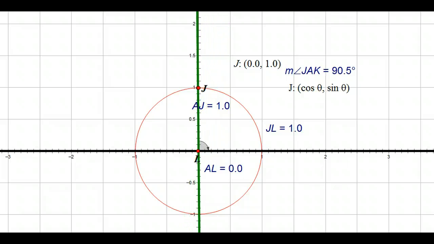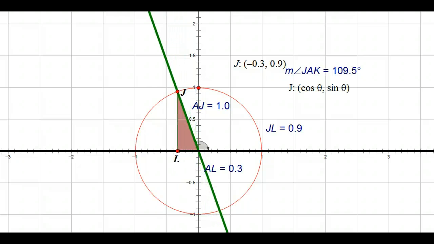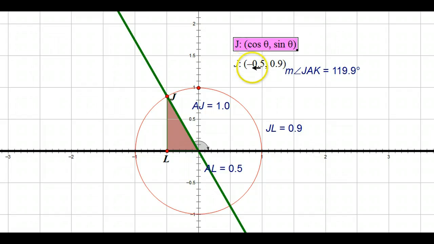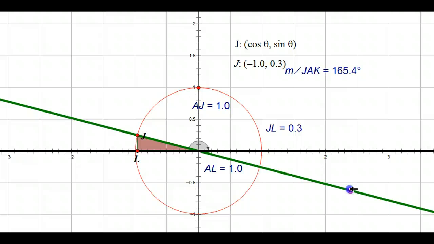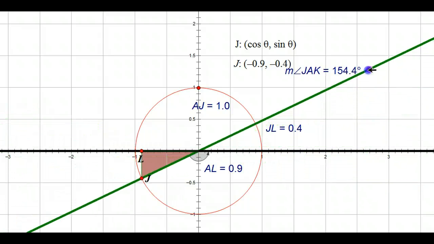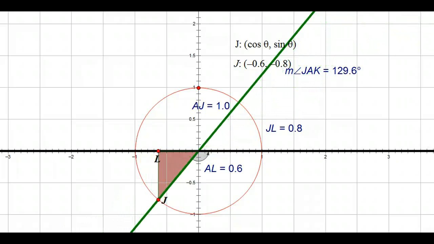But what happens when we leave the first quadrant? The triangle now leaves the first quadrant into the second quadrant. What do you notice is different about the signs? Well, the cosine now is negative and the sine is positive. As we continue moving our triangle around, in the third quadrant both sine and cosine are negative, as you can see in the coordinates.